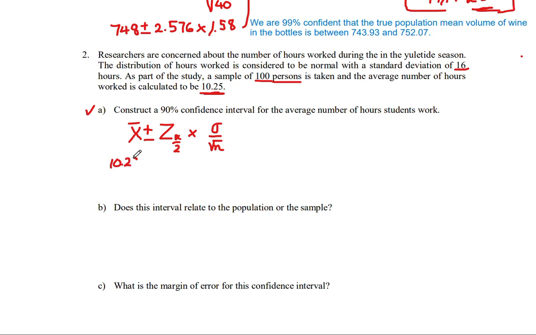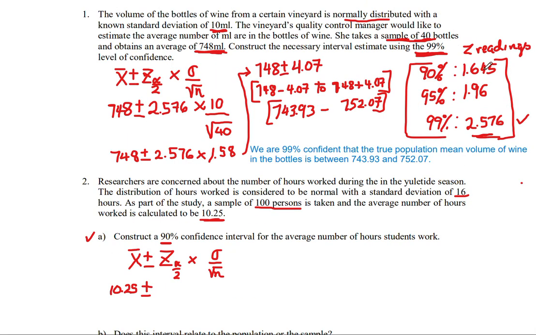That's our sample mean. Plus or minus z alpha over 2 is going to be the table reading from the standard normal distribution based on the level of confidence of the estimate. The level of confidence of the estimate is 90%. So we know, based on what I would have outlined earlier, that the z reading for 90% is 1.645.